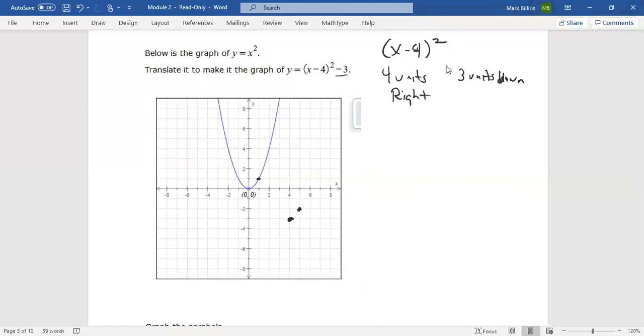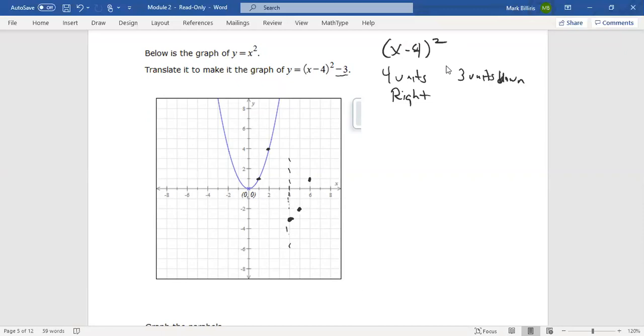And this point right here, 2, 4. So that's also going to shift 4 units to the right and 3 units down. So keep in mind, we don't have to do this a lot because remember the concept of the axis of symmetry. Remember the axis of symmetry, that imaginary line that divides the graph into two identical parts.